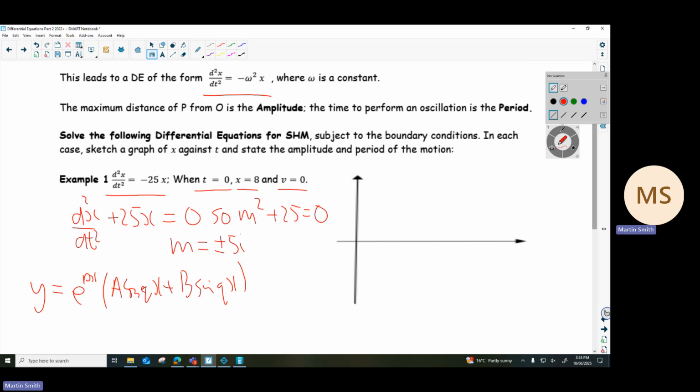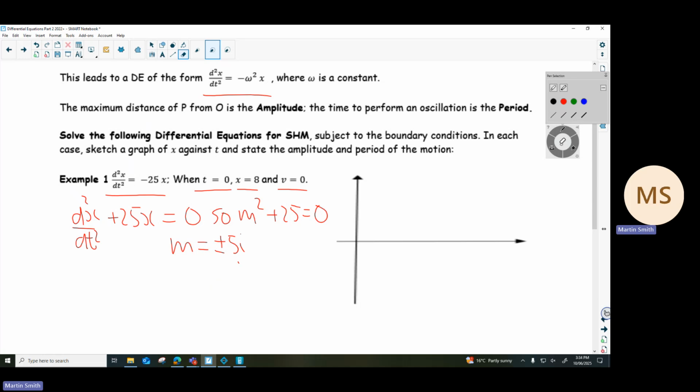But we have to change a few letters. y is now x in this question. x is now t. Because it's plus or minus 5i, p is actually 0 and q is equal to 5.